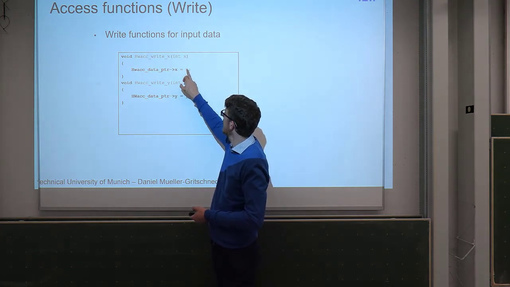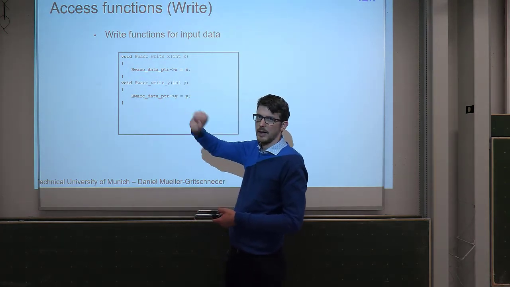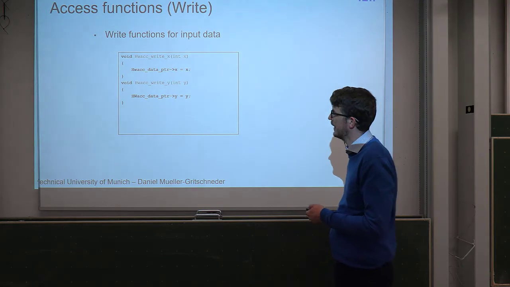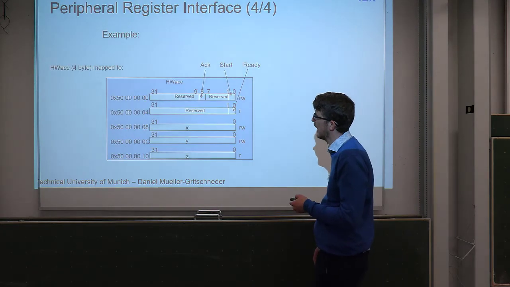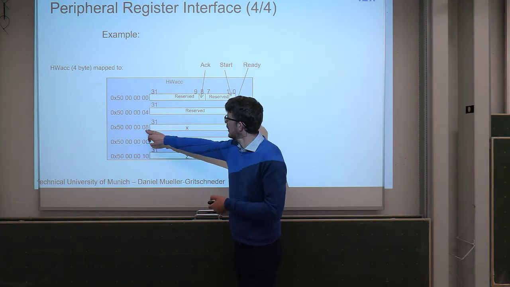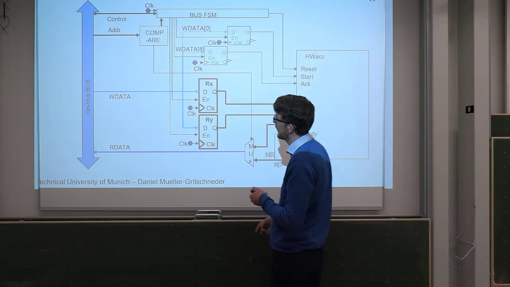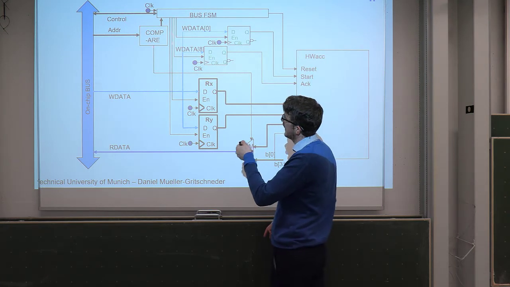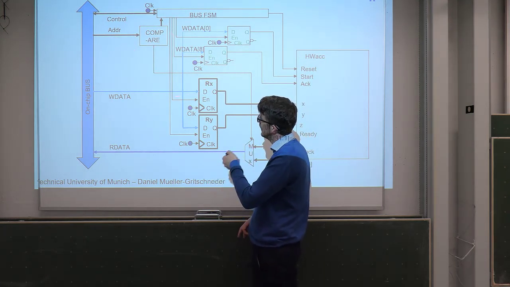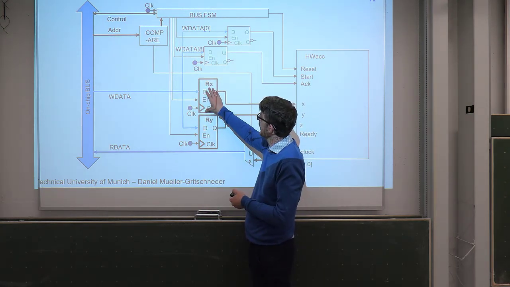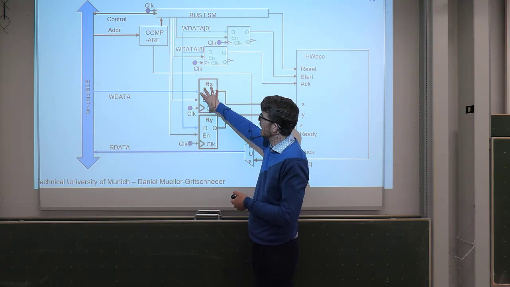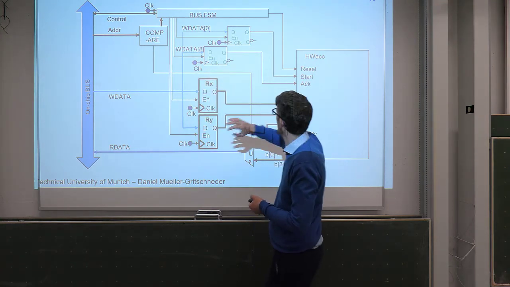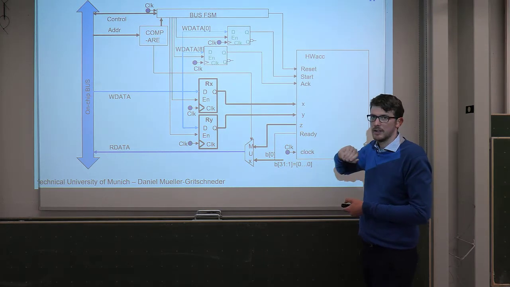So this would take the value x and write it to the address 50 million with offset 8, which means it would write it right into the x register. What's actually happening is it compares the address, it finds out this device is addressed, it takes the write data port and says, okay, what we're actually addressing is Rx. So it puts the value of x into this register, and now this value x is available for your hardware device.